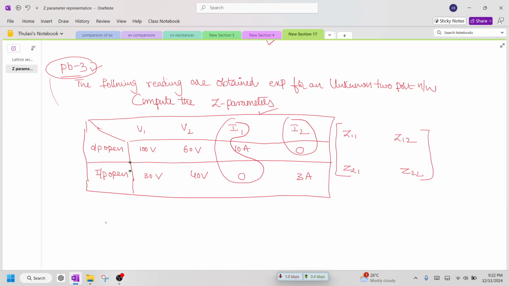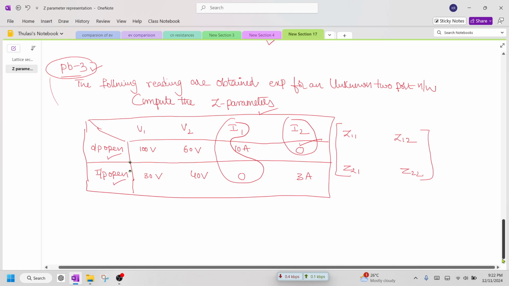So this is the tabular column given to us. In this tabular column, it's very clear that I2 is 0, which means the output port is open circuited, so the current is 0. And in this tabular column, the input port is open circuited, that's why I1 is 0.